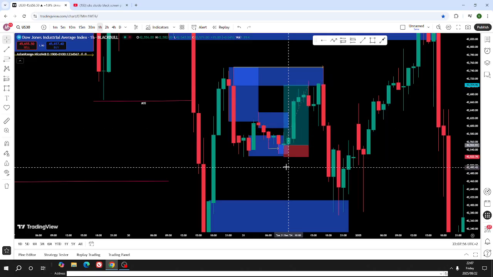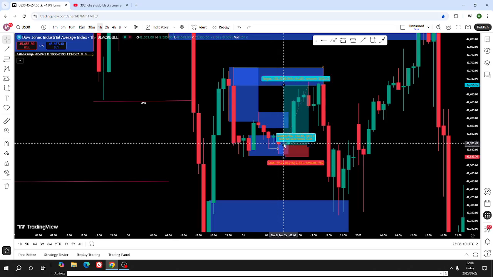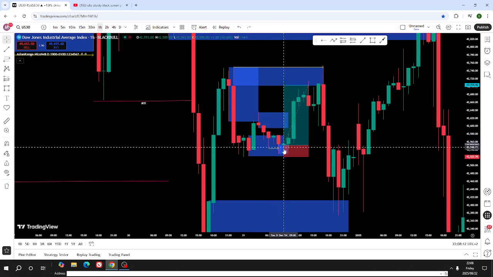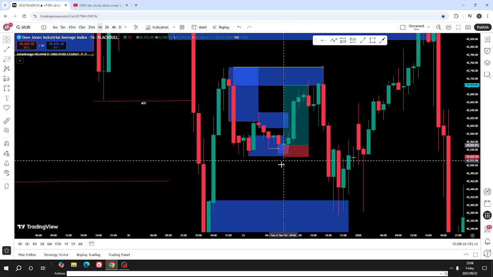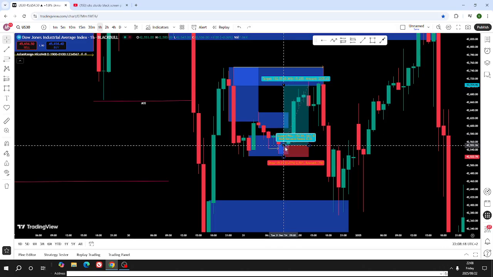That's when we would be taking a look on lower time frames to sell. Not this one, this one is the one on the lower time frame. This one is not opposing. It's the one that's confirming and coming back to the order block.